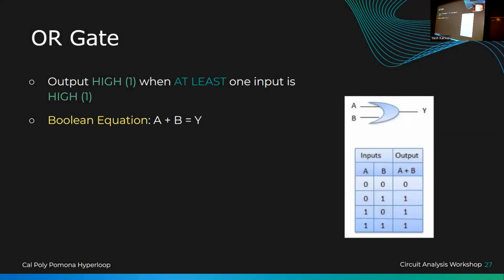Okay. OR gate. An OR gate works when at least one input is high. So the OR gate works this way.